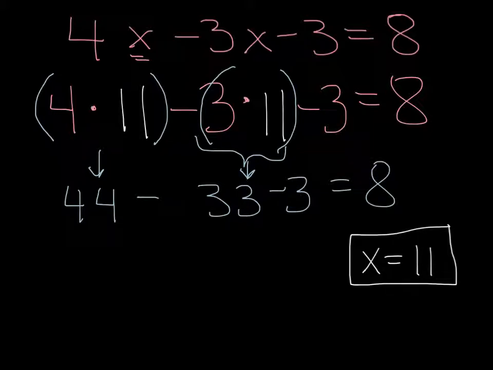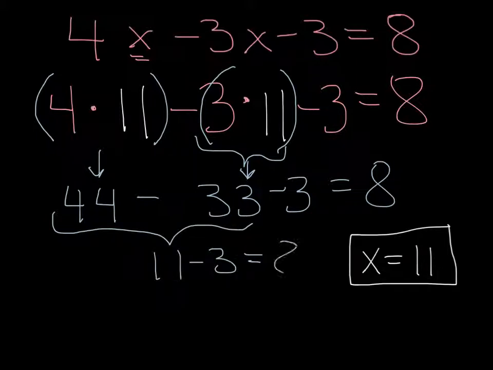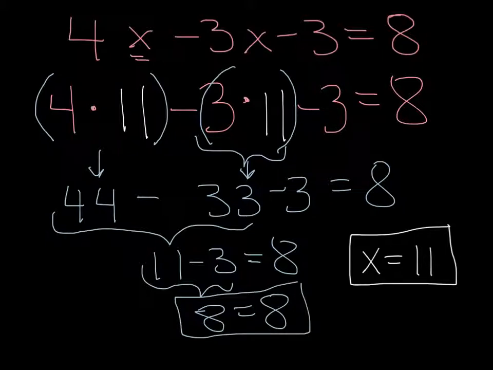Okay? Now we just need to subtract. Well, what is 44 minus 33? That's 11 minus 3 equals 8. And what's 11 minus 3? 8.